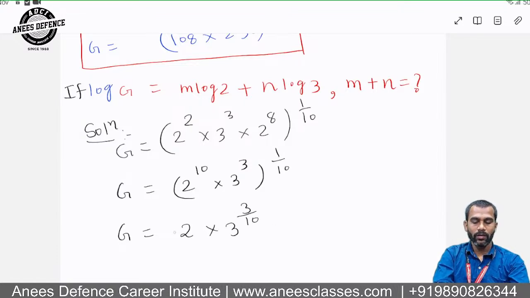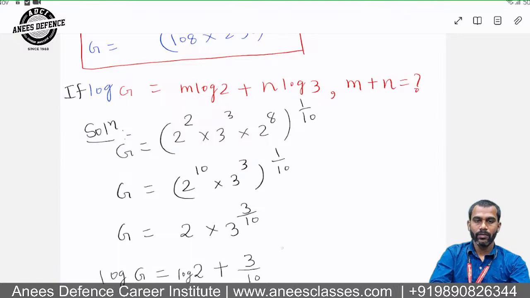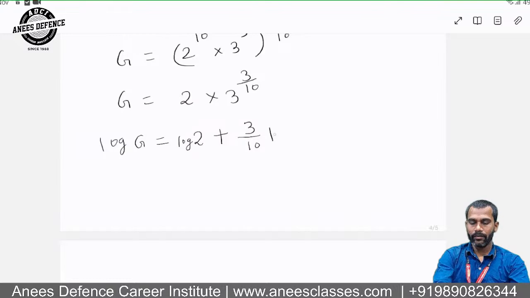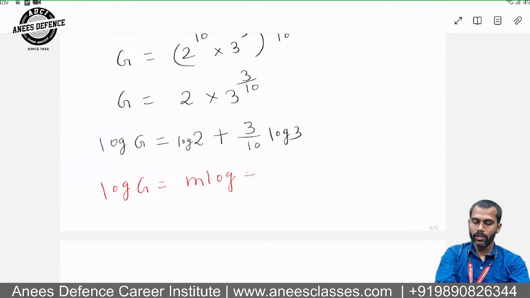Now taking log on both sides, what will we get? Log G is equal to log 2 plus 3 by 10 log 3. And we have to just compare this with m log 2 plus n log 3.